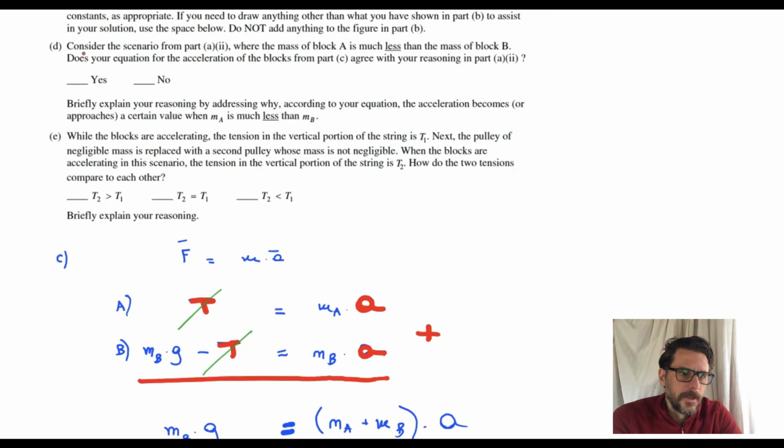Part D. Consider the scenario from part A II, where the mass of block A is much less than the mass of block B. Does your equation for the acceleration of the blocks from part C agree with your reasoning? Yes, no? Well, let's find out.